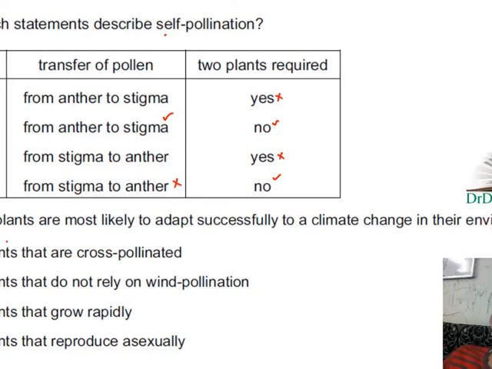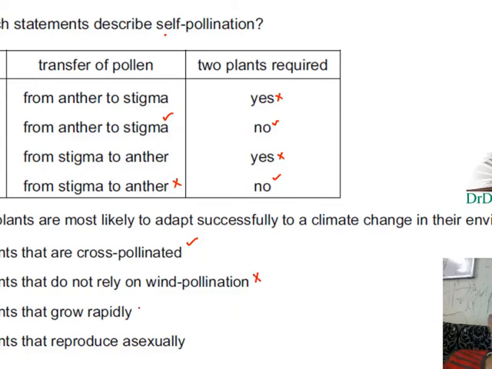Okay. Which plants are most likely to adapt successfully to a climate change in their environment? You know that if more variations are there, then they will be adapted to the climatic changes. Plants that are cross-pollinated, yes, they have more variations. Plants that do not rely on wind pollination, meaning self-pollination.